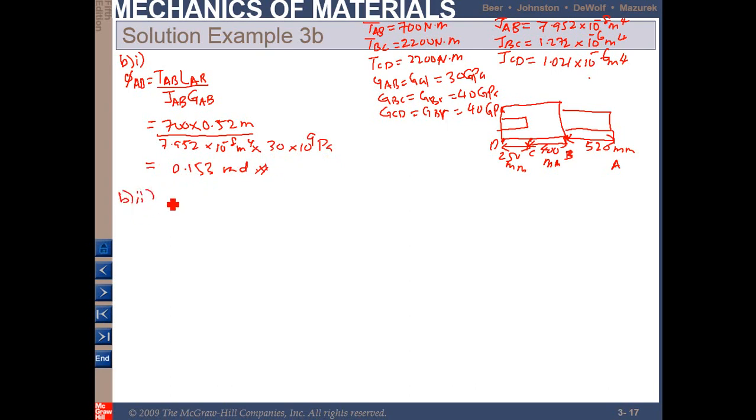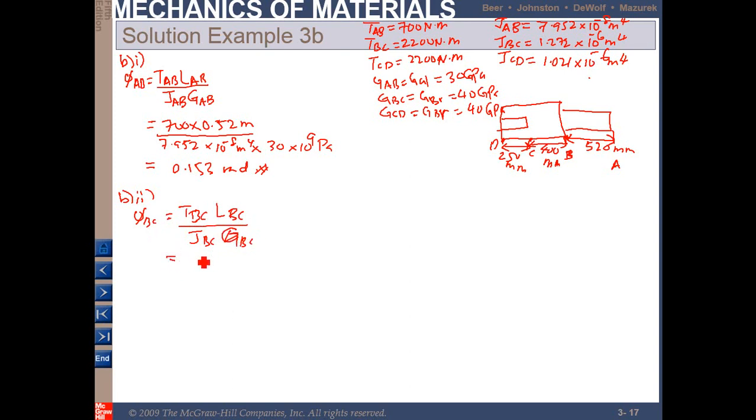So question B2, you are using the same equation, which is phi BC is equal to TBC times LBC over JBC times GBC.